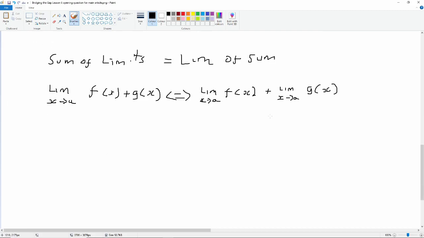And what falls naturally from this rule, or the addition rule of limits, is the addition rule of derivatives.